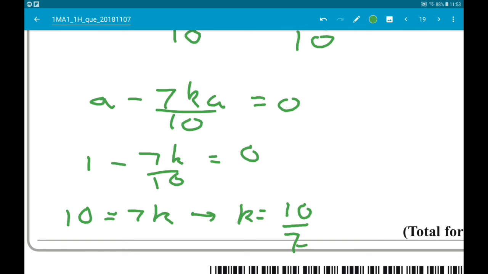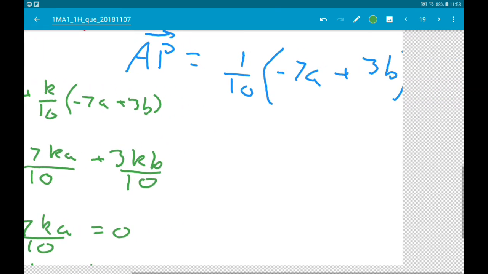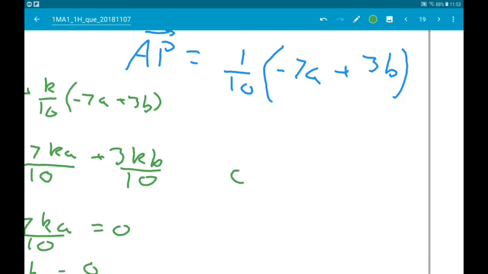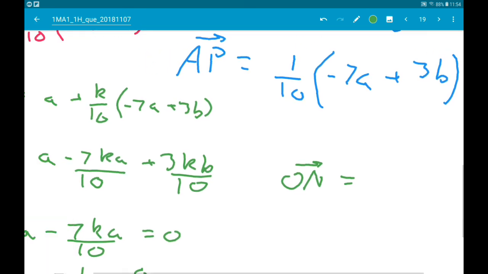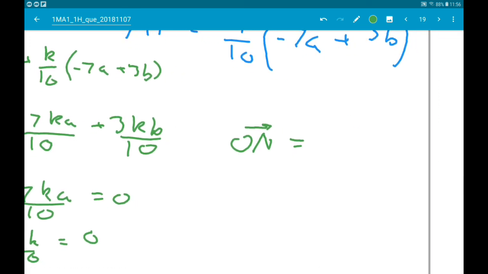So now that we know the value of k, we now know O to N is equal to, well, we know it's just the 3kb over 10, so that then is going to be 3 over 10 times 10 over 7 b.